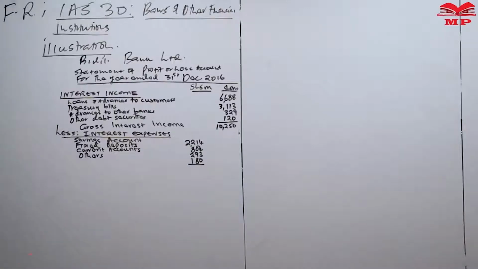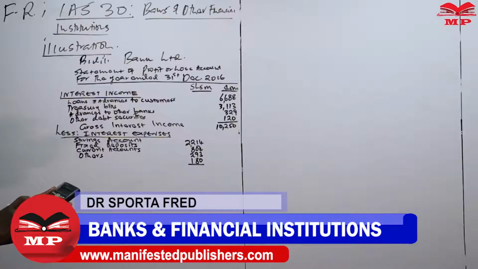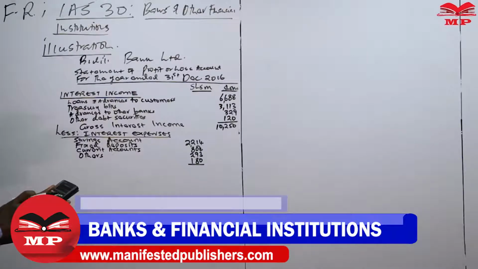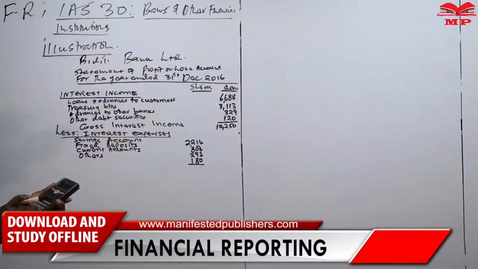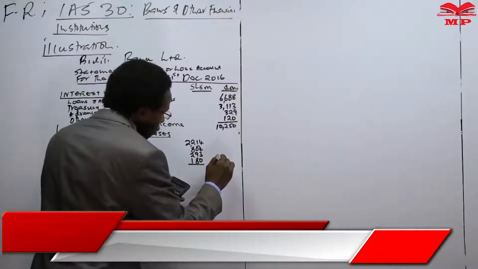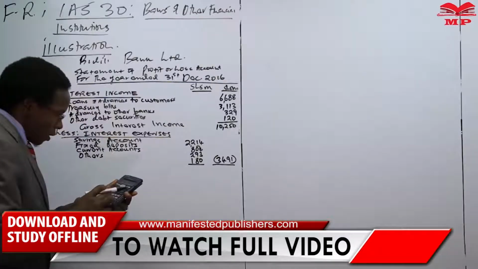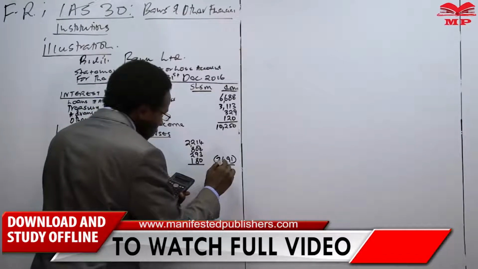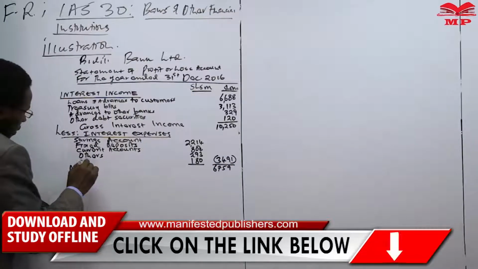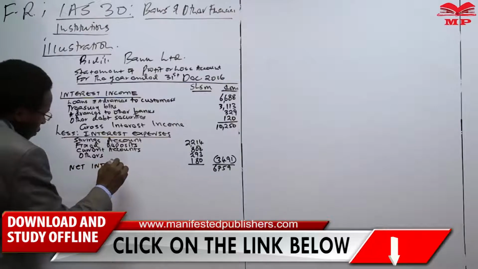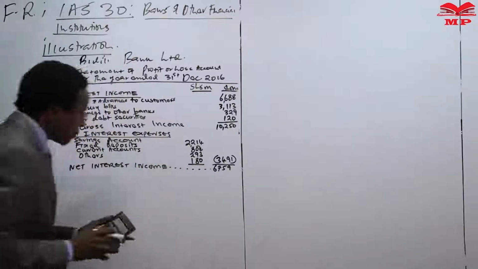So I get my calculator and get the subtotal for those items: 2214 plus 804 plus 293 plus 180, and that is 3491. So I subtract that, then I get 6759. We call that the net interest income.